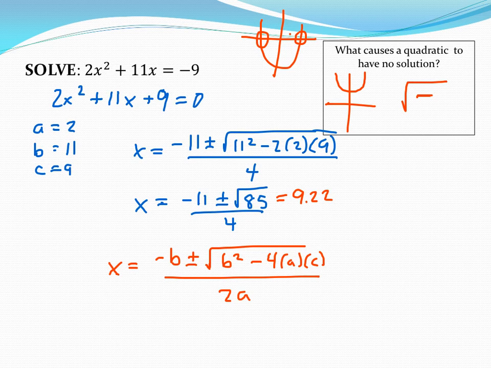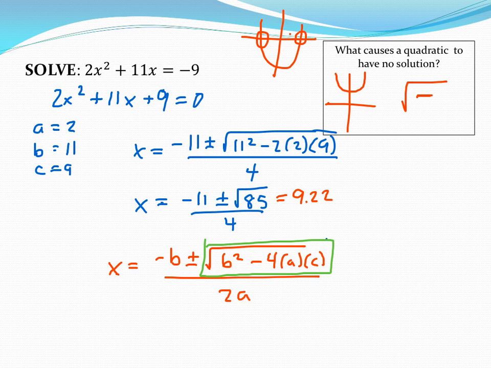This is important. Okay, so what we're going to look at now is this term right here. And that is the square root of b squared minus 4ac. Now this term right here is the most important thing in the quadratic formula. This is known as the discriminant.